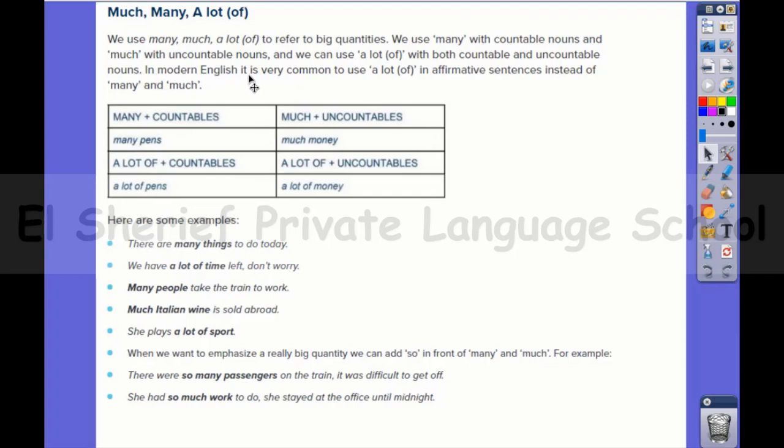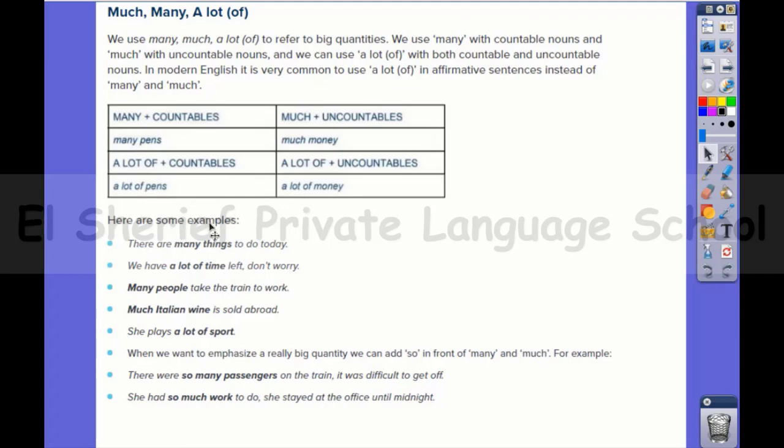In modern English, it is very common to use a lot of in affirmative sentences instead of many and much. Okay, so many pens. Pens is a plural countable noun. Much money is an uncountable noun. A lot of pens and a lot of money. So we can use a lot of with both countable and uncountable nouns.